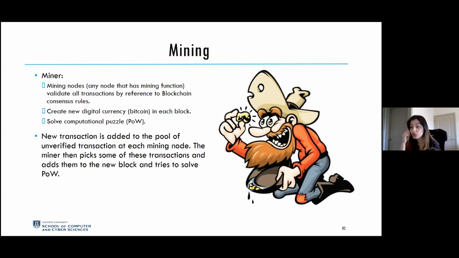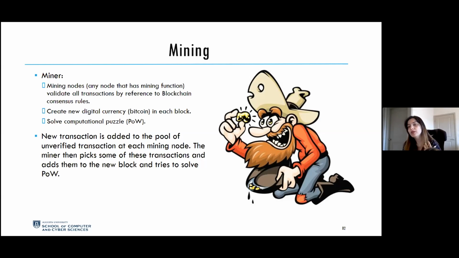So double spending should be checked, the signature should be checked, everything should be checked to make sure all the previous transactions are correct. And also the miner needs to create and add a new coinbase transaction to get the reward for the creation of the new block, and also solve the computational puzzle, or do the proof of work.